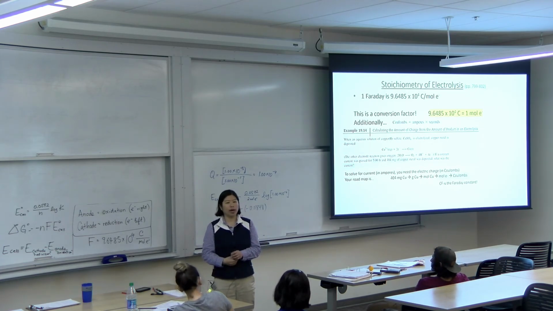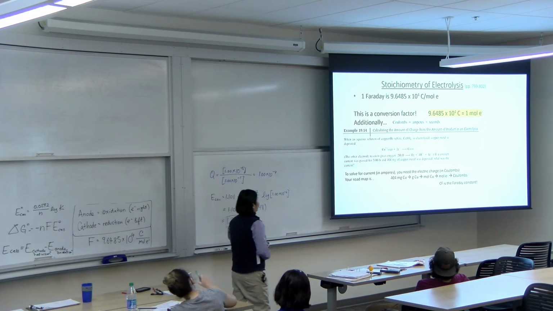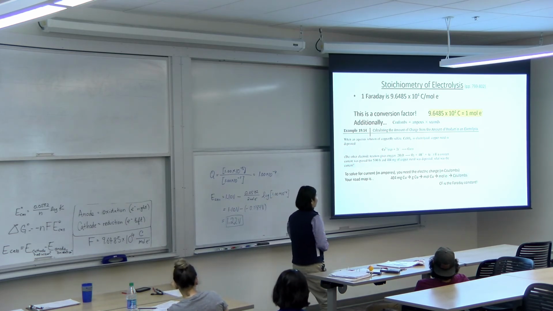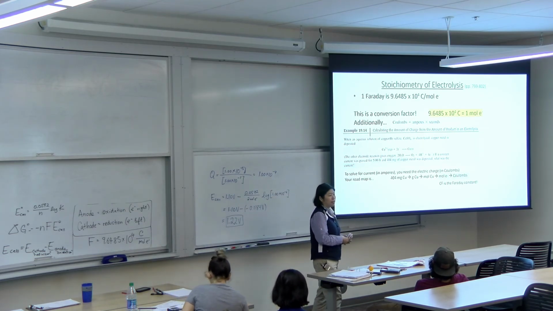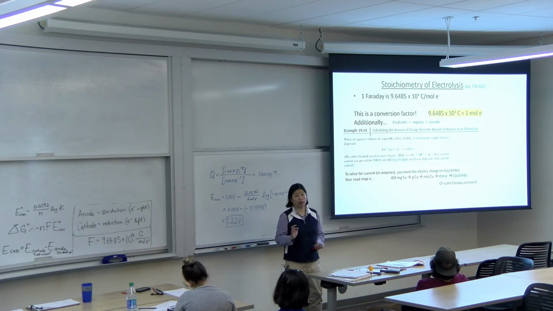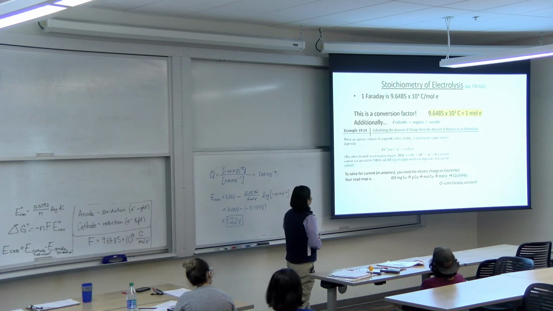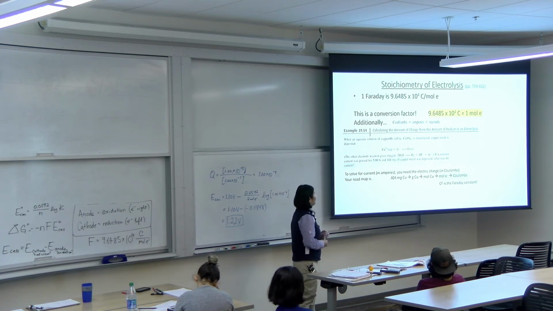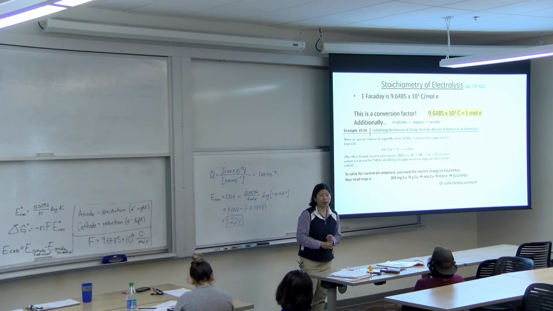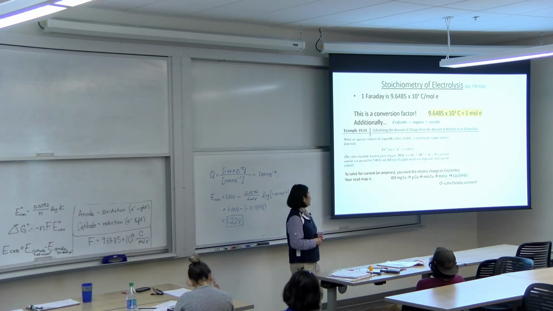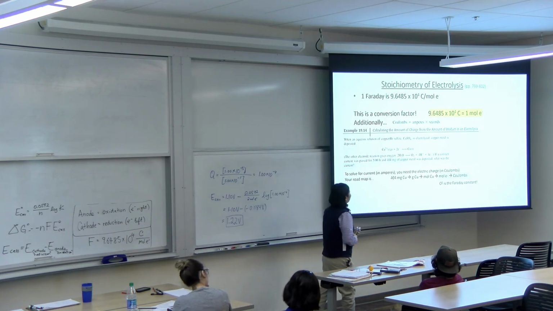Sure, it's a derived unit. Where 9.6485 times 10 to the 4th coulombs is equal to 1 mole, the thing in the bright yellow box. Additionally, coulombs, this nice new unit that we met today, is equal to amperes times seconds.